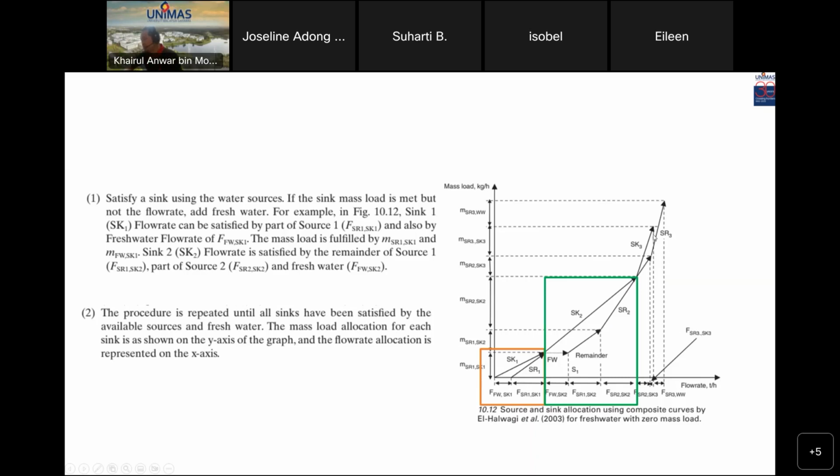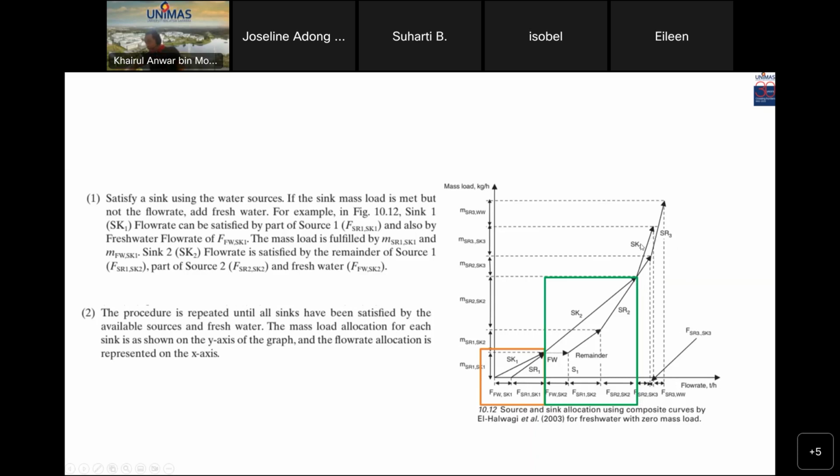See here? So SK3 comprises the remainder of source 2 and some of source 3.